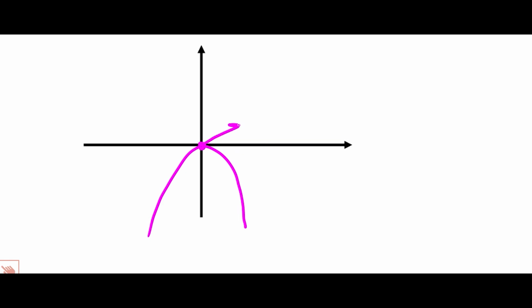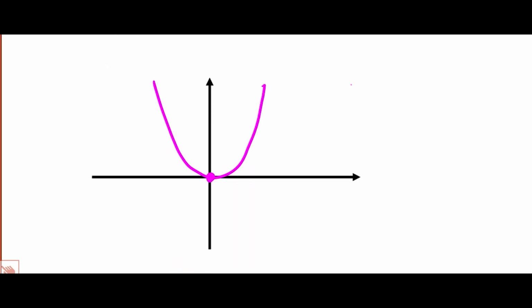This point is the vertex, and in this graph, this point is the vertex.